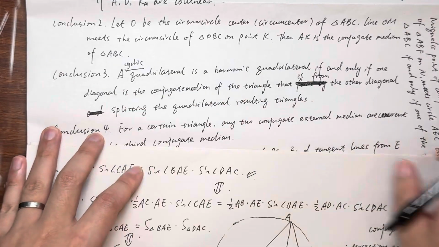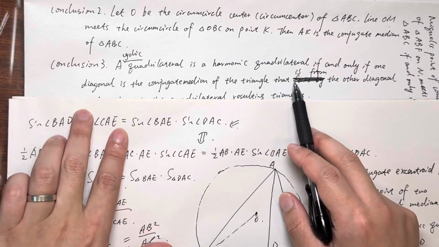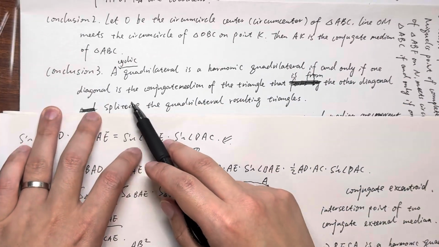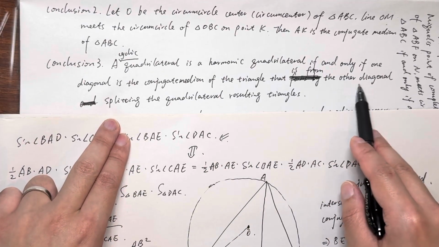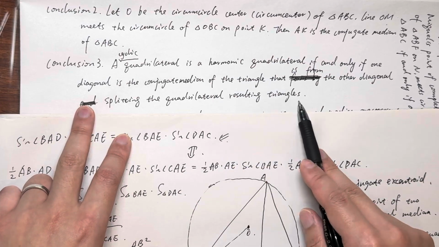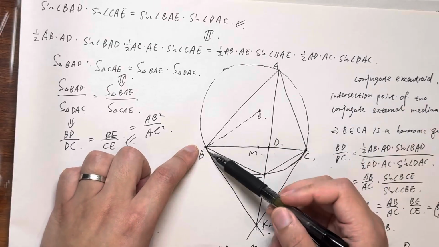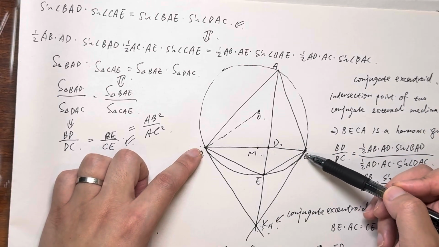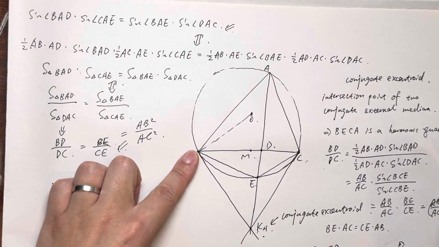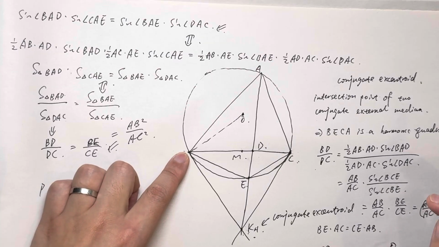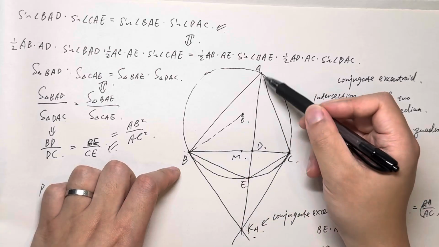Okay, so conclusion 3: a cyclic quadrilateral is a harmonic quadrilateral if and only if one diagonal is a conjugate median of the triangle formed by the other diagonal splitting the quadrilateral. That's the thing we just proved. So ABEC is a cyclic quadrilateral, and it is harmonic if and only if BD to DC equals AB squared to AC squared.